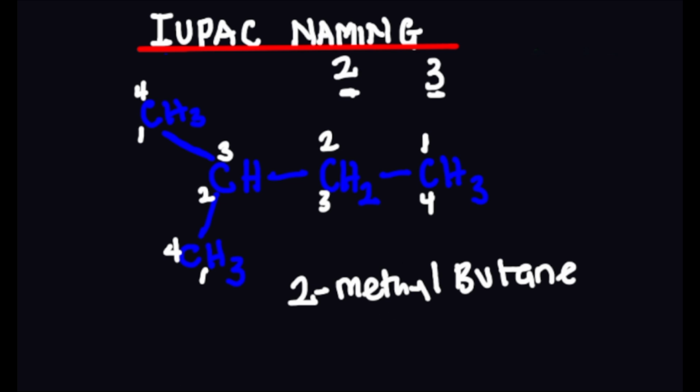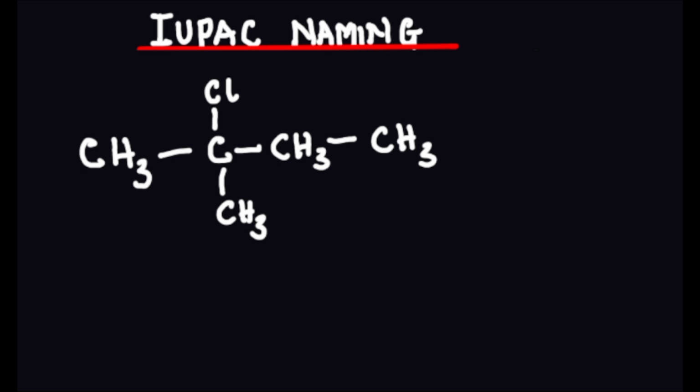So let's go ahead and name another compound. Name this compound. Now, as you can see, we have 2 substituents here. We have the chlorine, and at the same time we have the methyl group. Now let's consider the longest carbon chain here. So if I number like this, I'm going to have 1, 2, 3, and 4. And if I number backward, I'm going to have 1, 2, 3, and 4, right? If I still consider this other side, I'm going to have 1, 2, 3, 4, right?